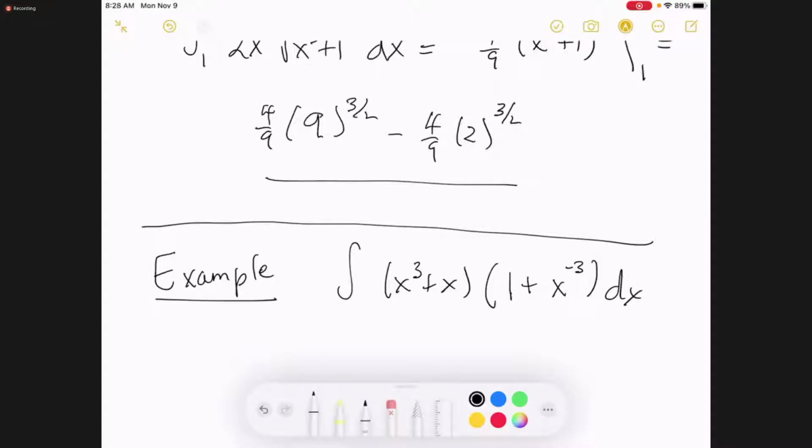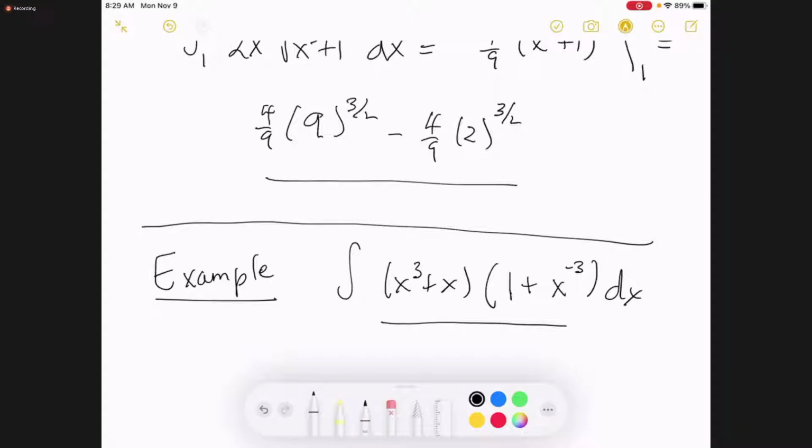Well, I don't. I threw this in because not every problem is going to be workable with u substitution. U substitution is a tool that you can pull out and use when it's appropriate. It is not always appropriate. I don't see anything I could put in here for u that would then have u prime sitting there for me. But I don't need a u substitution to do this problem.